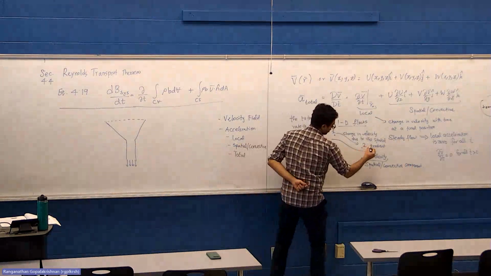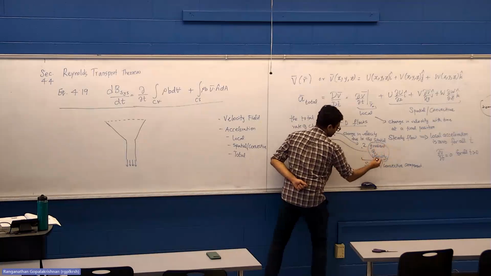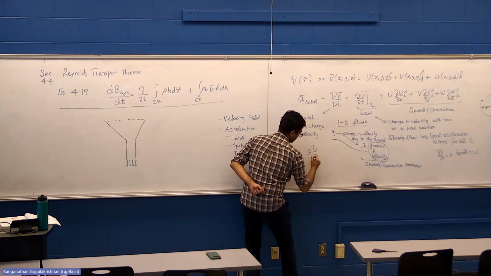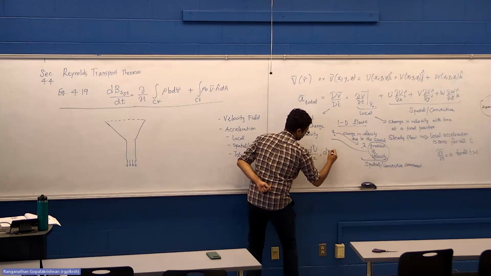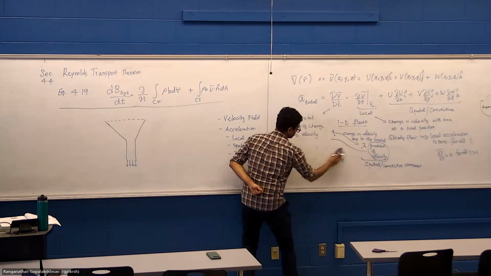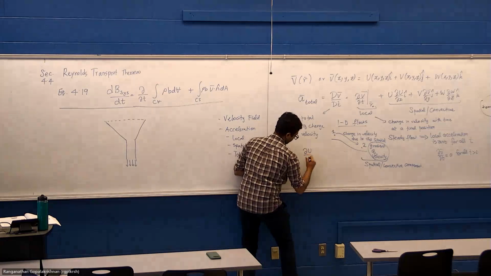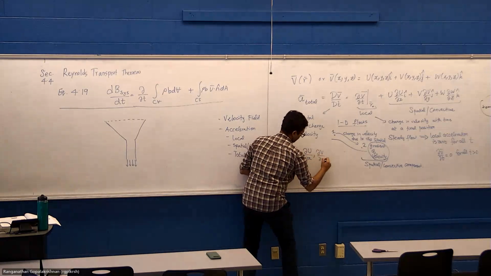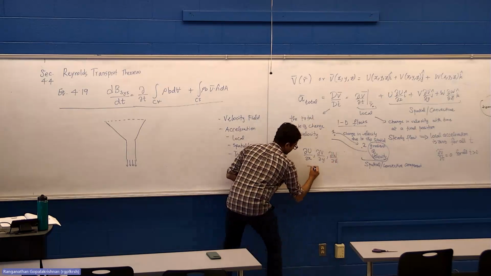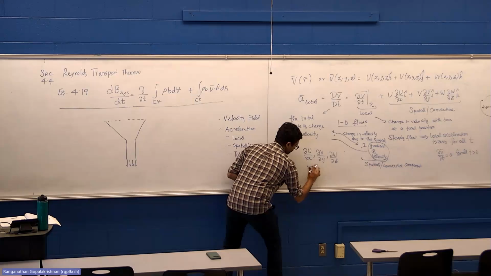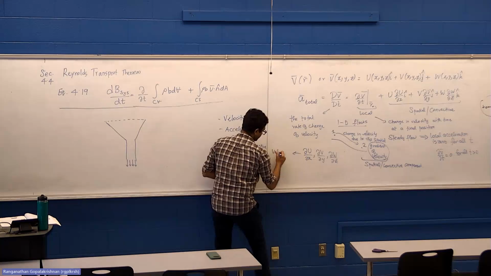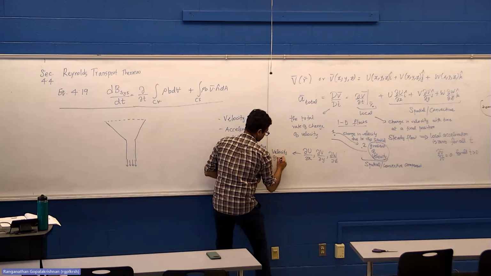So an important quantity that we saw here is velocity gradient: du over dx, dv over dy, or dw over dz. Okay, in vector form, this is written with the gradient operator. These are called velocity gradients.